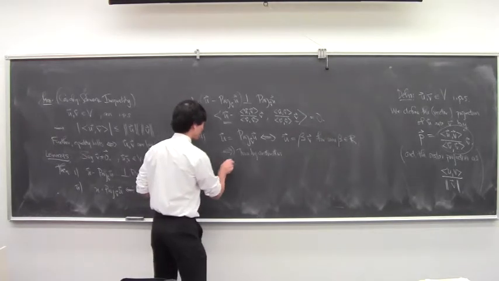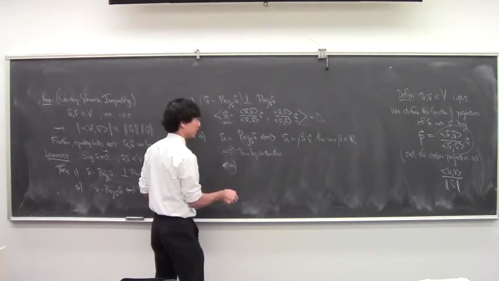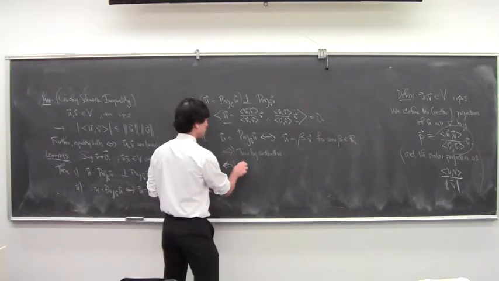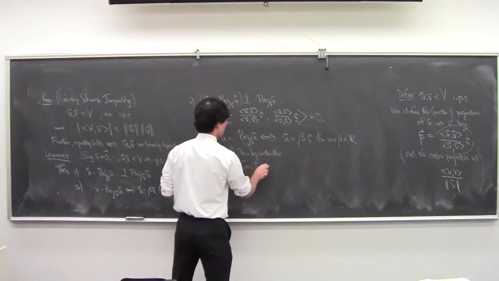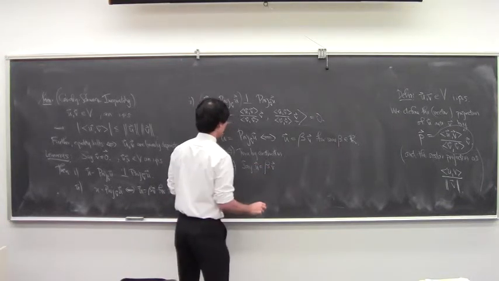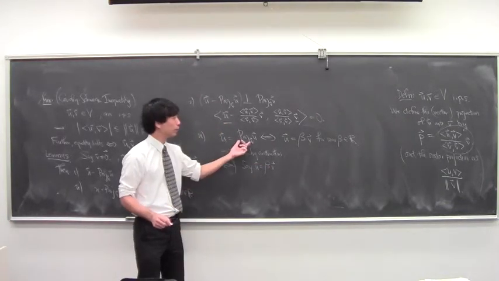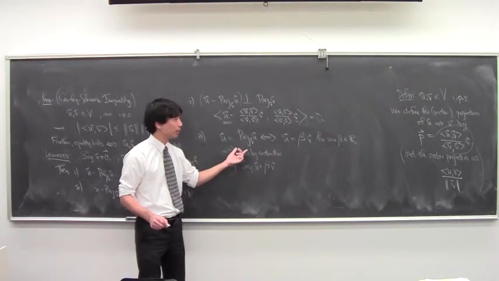Backwards, also easy. Suppose that you say that U equals some multiple of V. Does that guarantee that U will be equal to its projection onto V? Well, let's see.